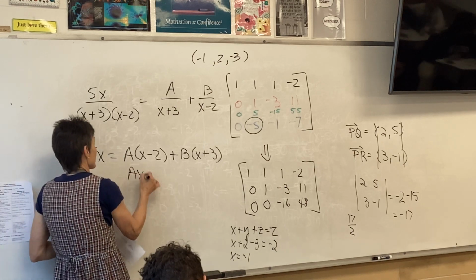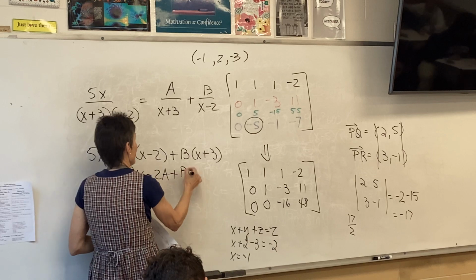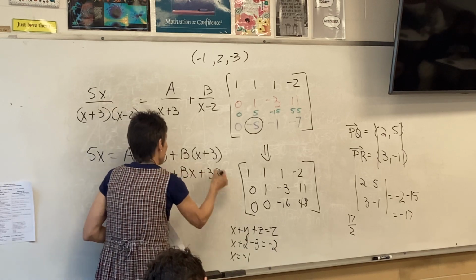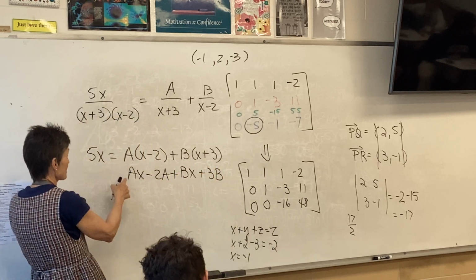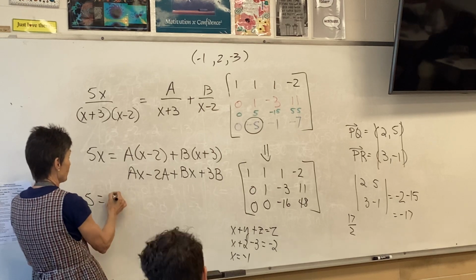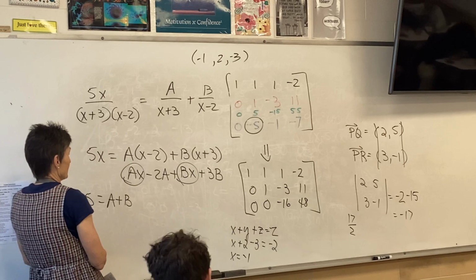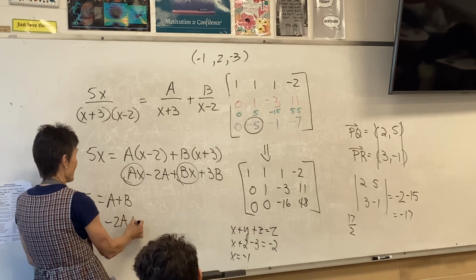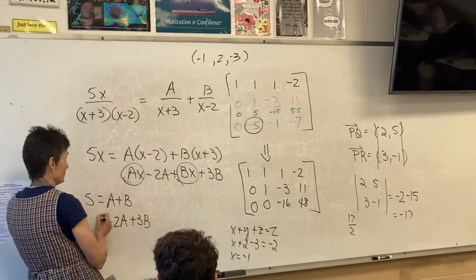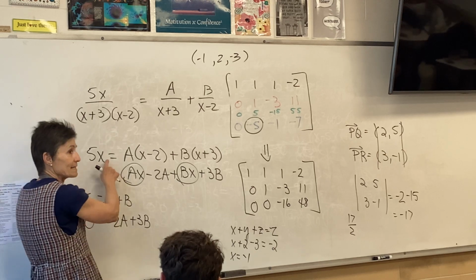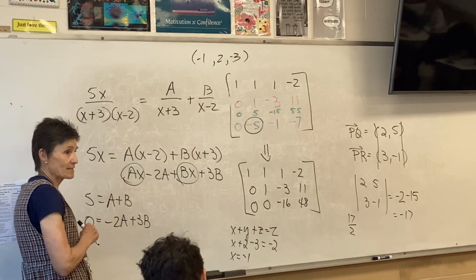So Ax minus 2A and Bx plus 3B. Now, don't get confused. I think it's pretty obvious that 5 equals A plus B. But what's negative 2A plus 3B have to equal? 0, because I don't have anything else over here. So that's gonna equal 0.